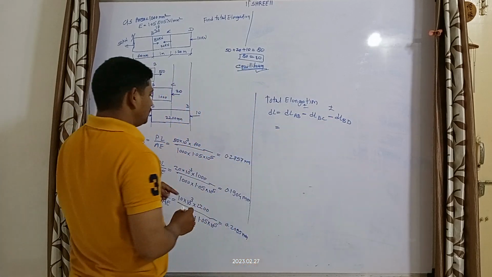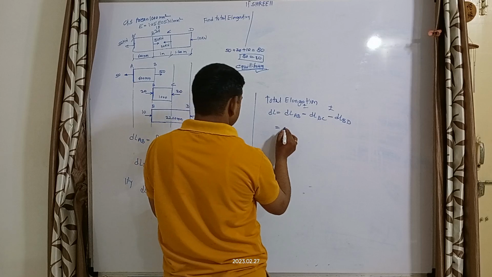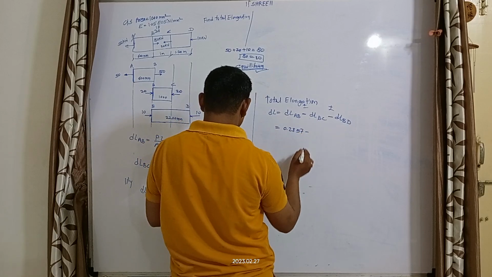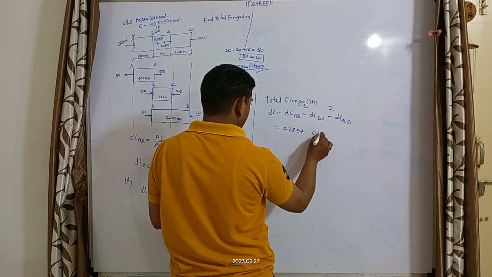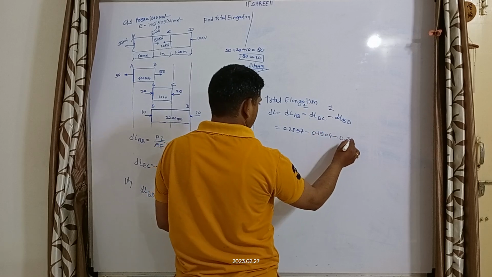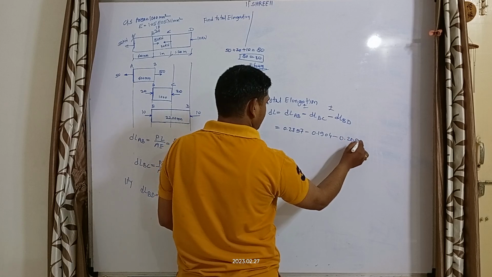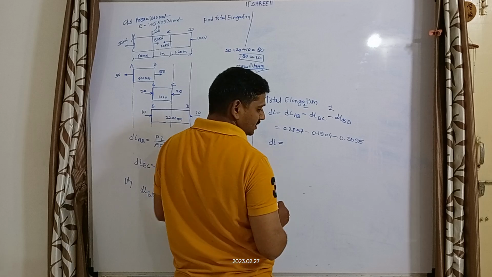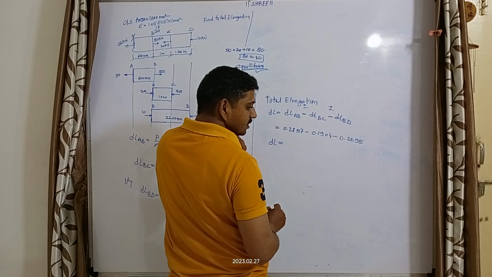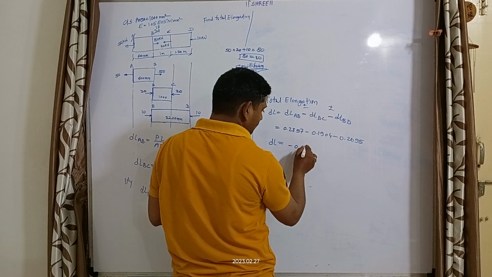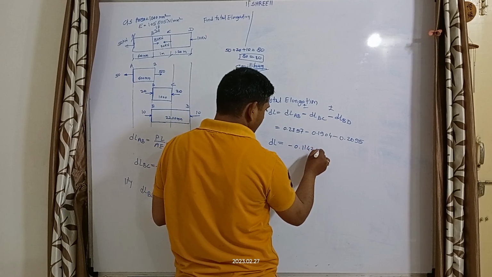We can put the values 0.2857 minus 0.1904 minus 0.2095 and we can calculate the total change in length, which is equal to minus 0.1142 mm.